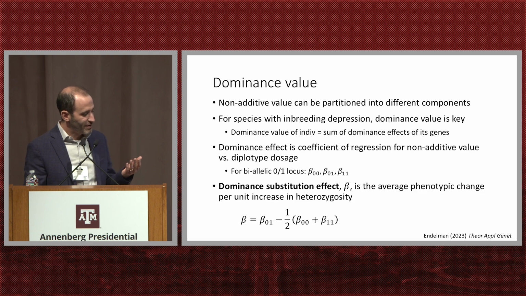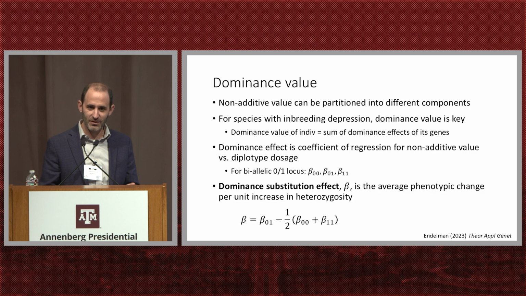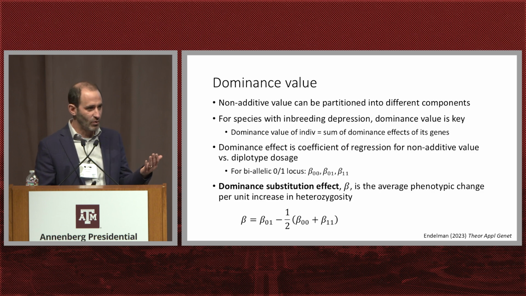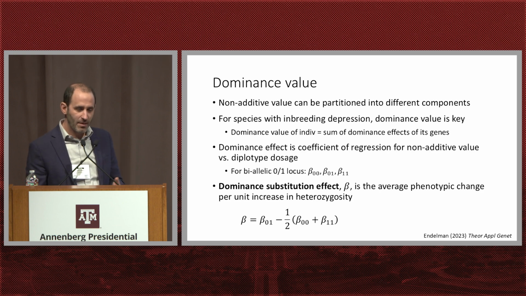But one of the interesting theoretical ideas that I've introduced is that of a dominance substitution effect. I'm sure you've all talked about additive substitution effects, which is the additive effect of one allele relative to the additive effect of another allele. You can make the same kind of idea, but it has a little bit different mathematical nuance. The dominance substitution effect is the heterozygous dominance effect relative to the mean of the homozygous dominance effects.